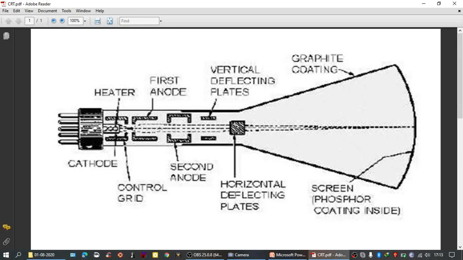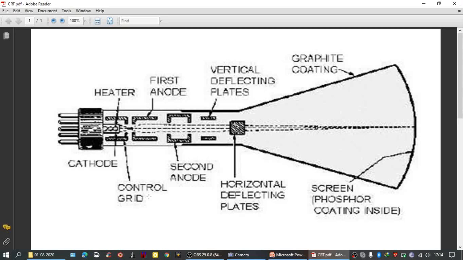The control grid is supplied with a negative voltage. Because of this negative voltage, the intensity of electron beam can be controlled.